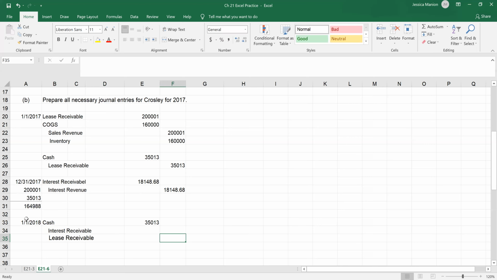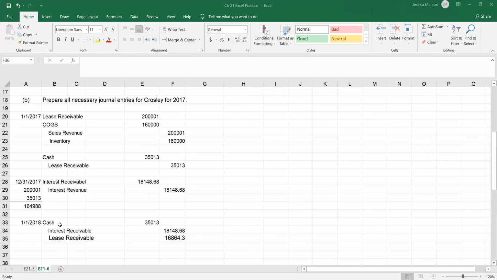The interest receivable we calculated as 18,148.68, which they probably would round up, but it's fine. That's our number we came up with. And then the lease receivable, the reduction of the lease, is the difference between these two numbers.